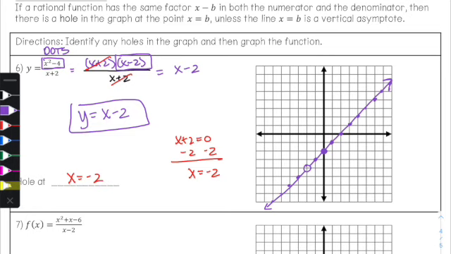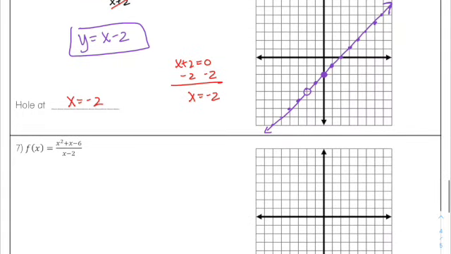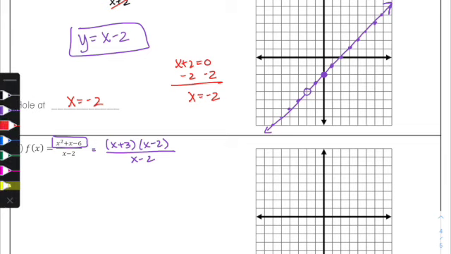Let's try that again on example 7. On example 7, I can factor this. Here, I'm looking for factors of negative 6 that add to positive 1. So that's going to be x plus 3 and x minus 2. Well, my x minus 2's can cancel, and so I'm just left with x plus 3.